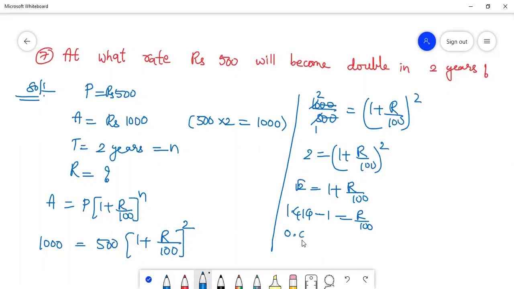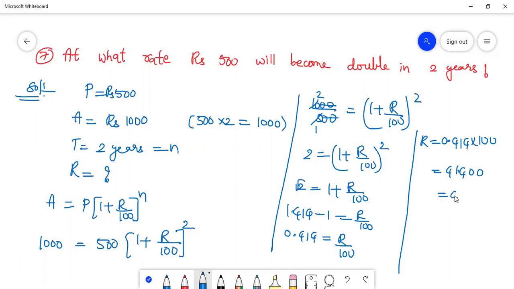It is 0.414 is equal to R by 100. From this, R is equal to 0.414 into 100, then 41400. Taking 3 digits before the point, that is equal to 41.4%.